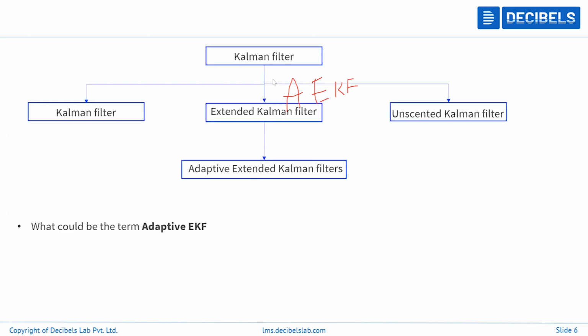As we look through the classification, linear Kalman filter, extended Kalman filter, unscented Kalman filter, under the section of the extended Kalman filter, some more improvements to it we call the adaptive extended Kalman filter. So what exactly does the term adaptive refer to?